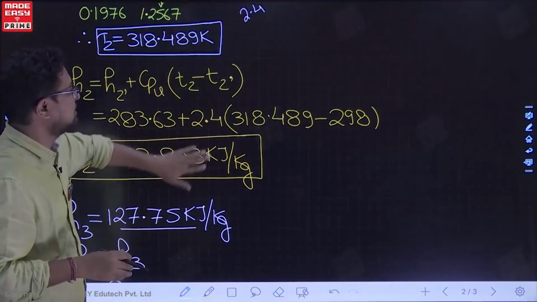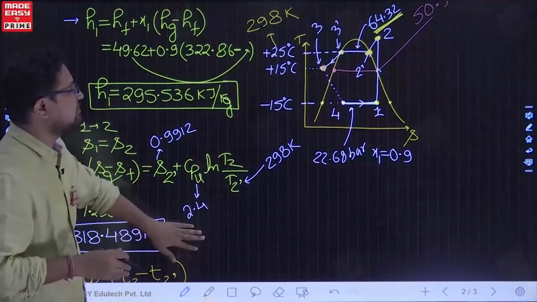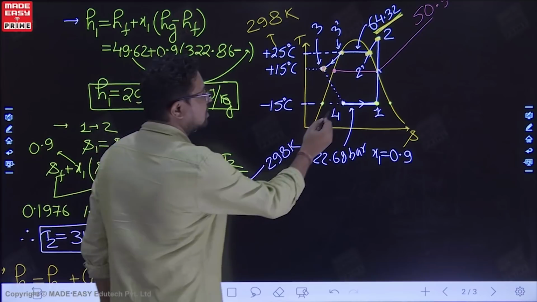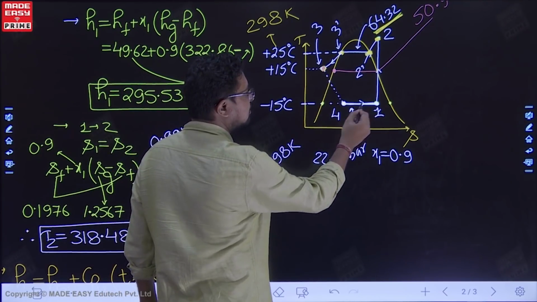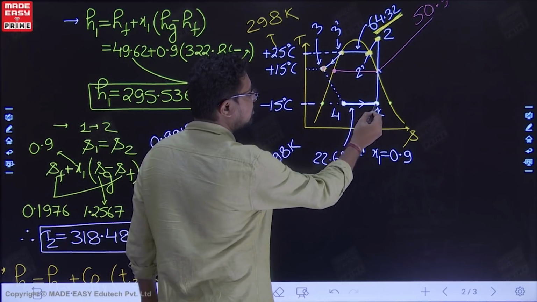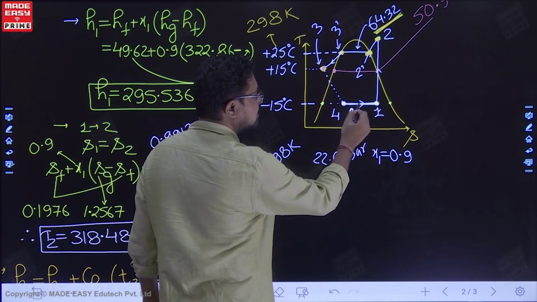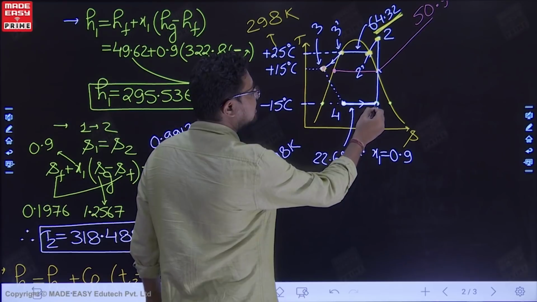Now let us see how to find the refrigeration effect. From 4 to 1, you are absorbing heat from lower temperature. This is the refrigeration effect. Work input is 1 to 2.